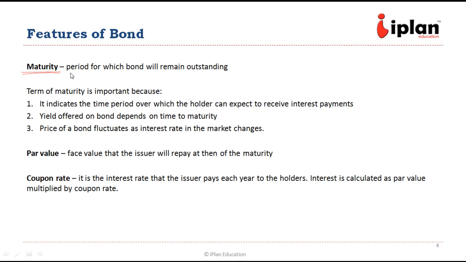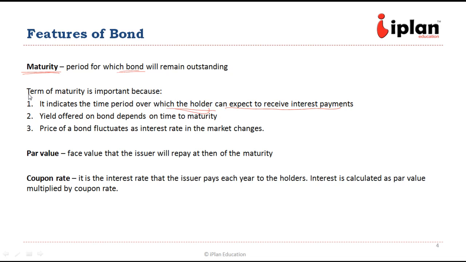The first one is maturity. This is the period for which the bond will remain outstanding. During this period, the bondholder is expected to get some interest payments. The bondholders may change, but at the time of interest payment, whoever is the owner should get this interest payment as long as the maturity has been not reached.